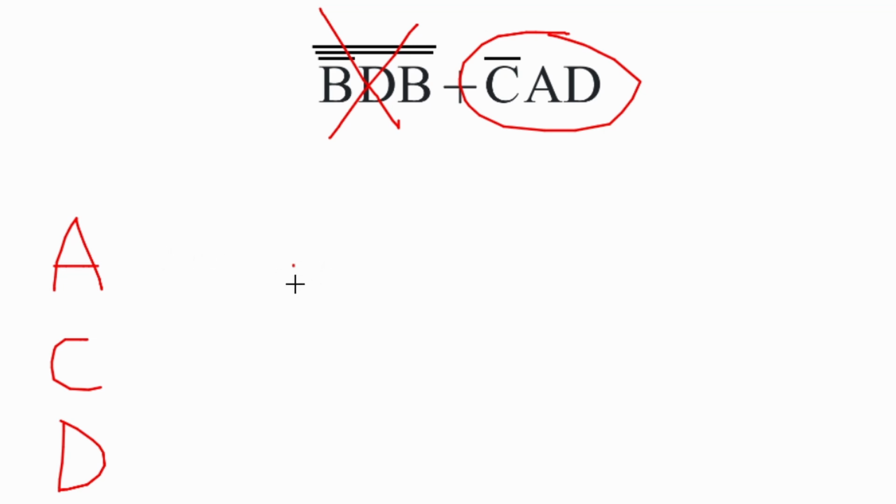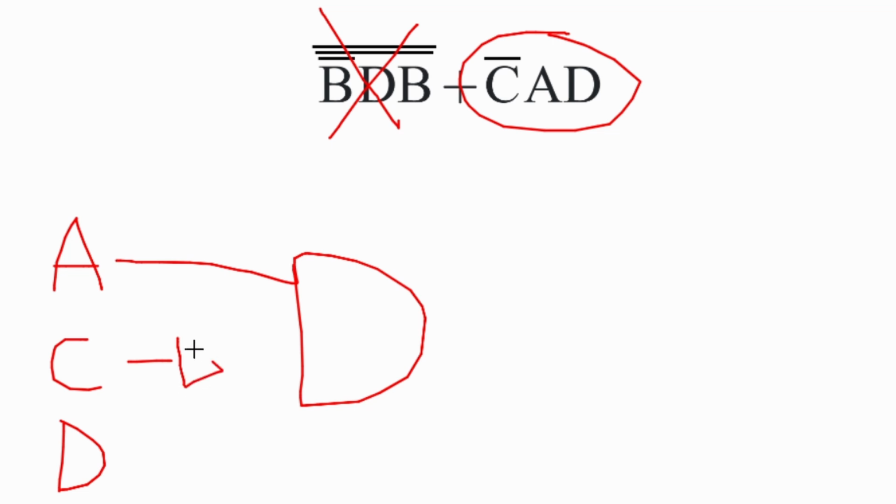And we can simply connect these 3 variables through an AND gate, a 3-input AND gate, keep in mind. And all you need is a singular inverter or a NOT gate. And that's for our C bar. And this is our X, our output.